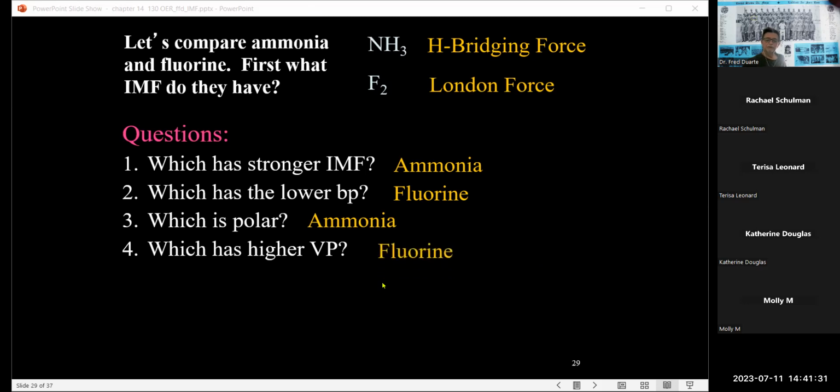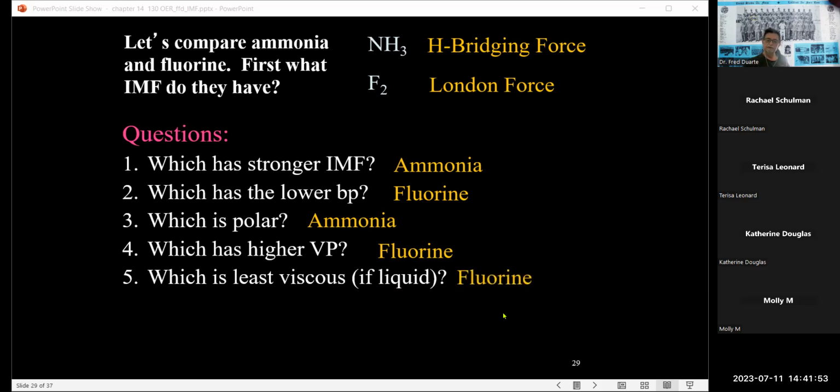Fluorine would have the higher vapor pressure because it has the weaker force, and so more of it would be in the gas phase than ammonia. Which is the least viscous?